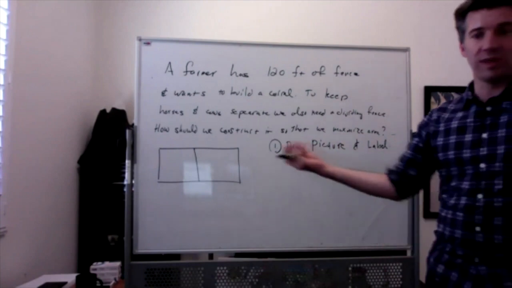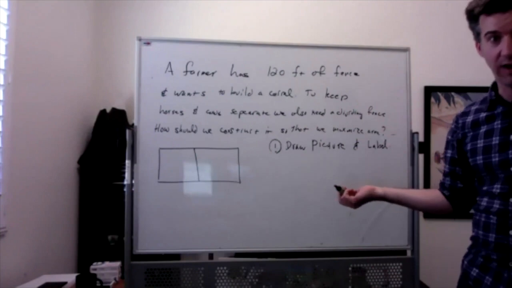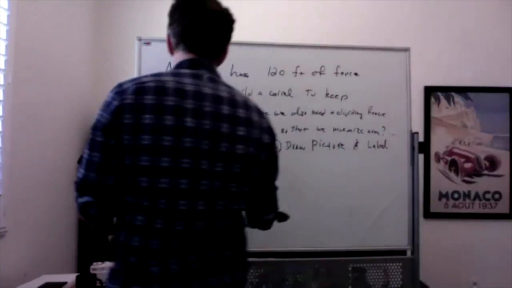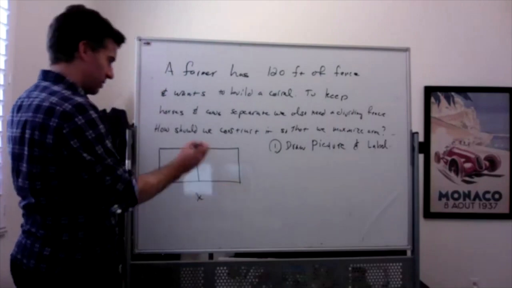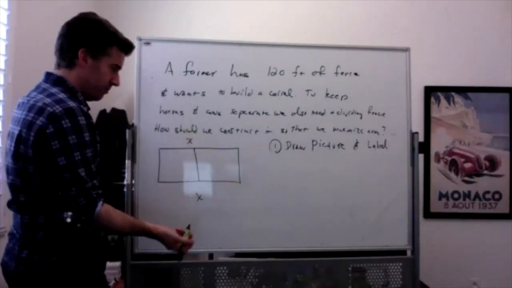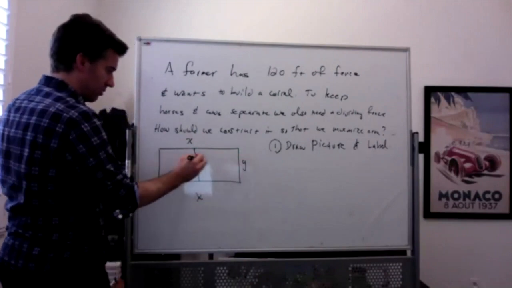I want to label the sides of this fence because I don't actually know how long they are. I'm going to call this side X, which means this side is also X. And I'm going to call this side Y, which means this side and this side are also Y.